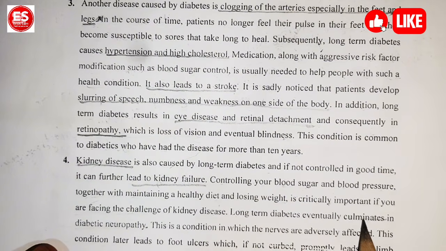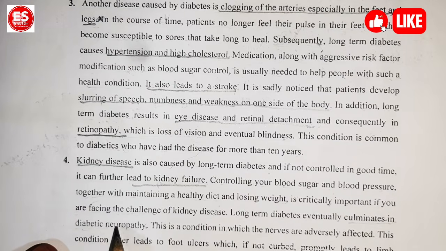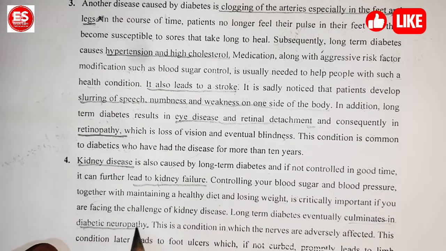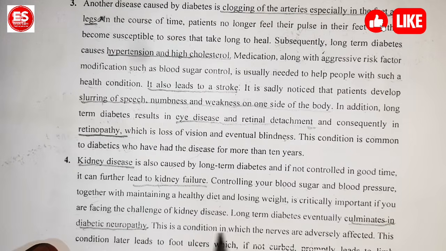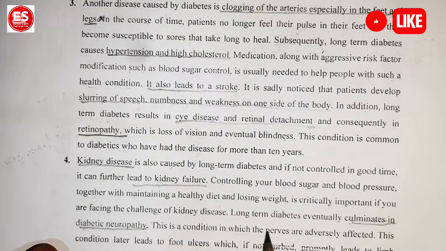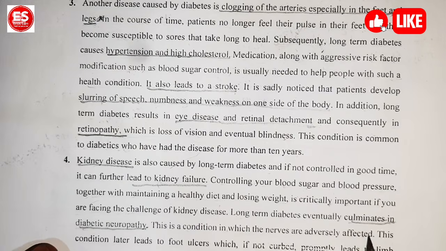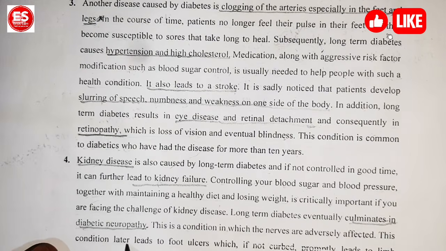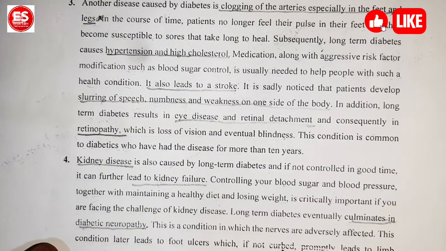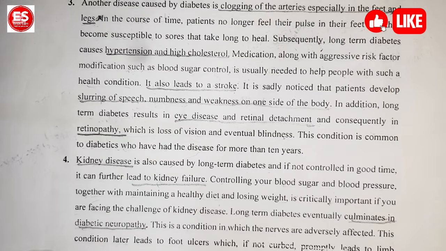Long-term diabetes eventually culminates in diabetic neuropathy, a condition in which the nerves are adversely affected. This condition later leads to foot ulcers, which, if not kept properly, leads to limb amputation.